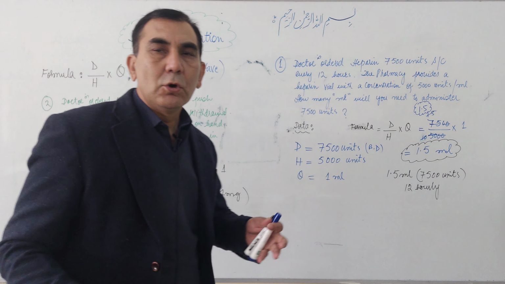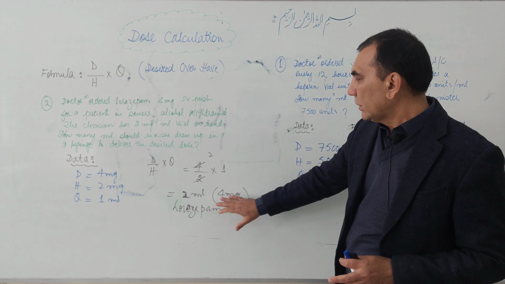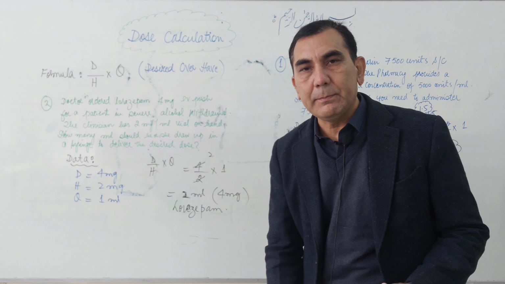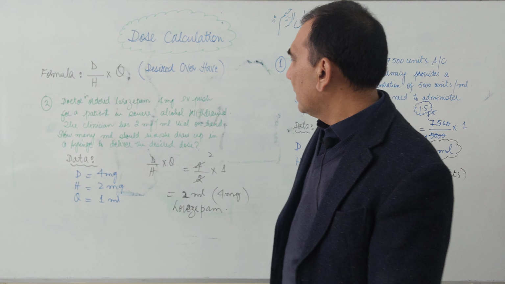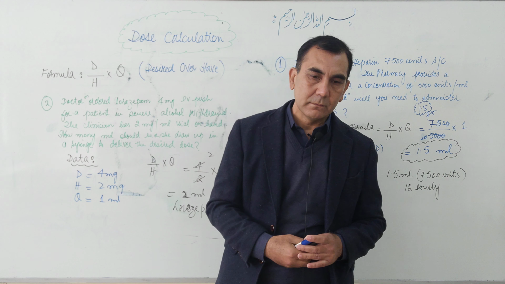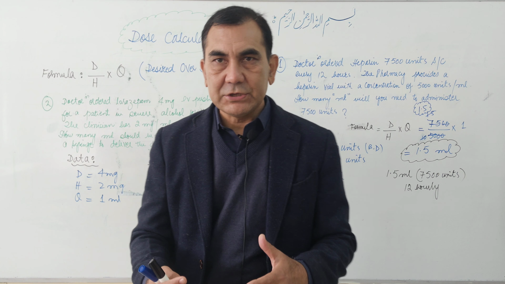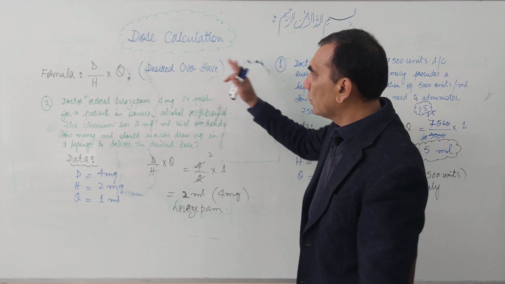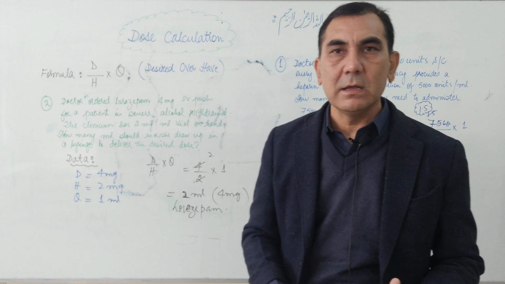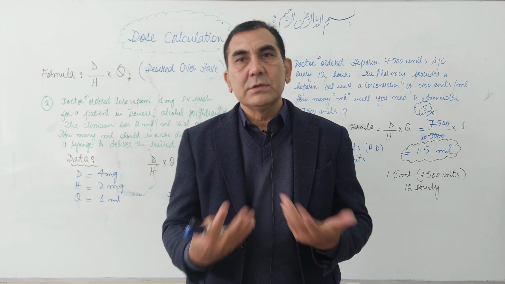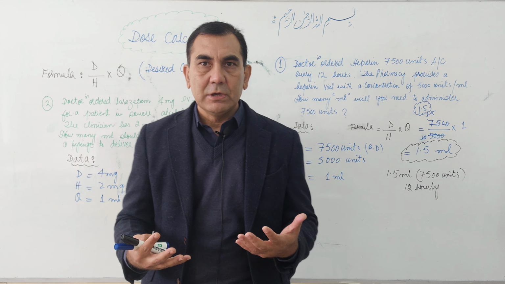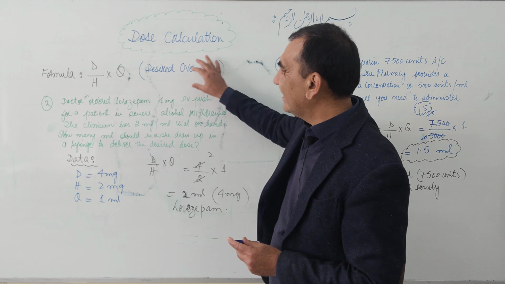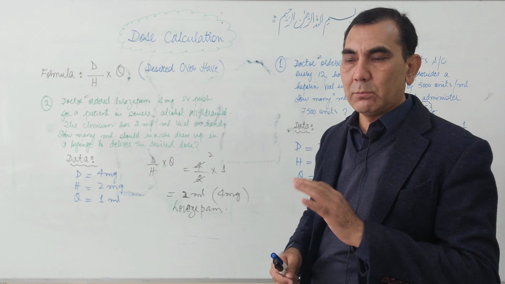So we will give 2 ml of lorazepam IV push to a patient in severe alcohol withdrawal syndrome. I hope that in today's lecture, solving the two examples through the desire over have formula will enhance your knowledge about dose calculation.